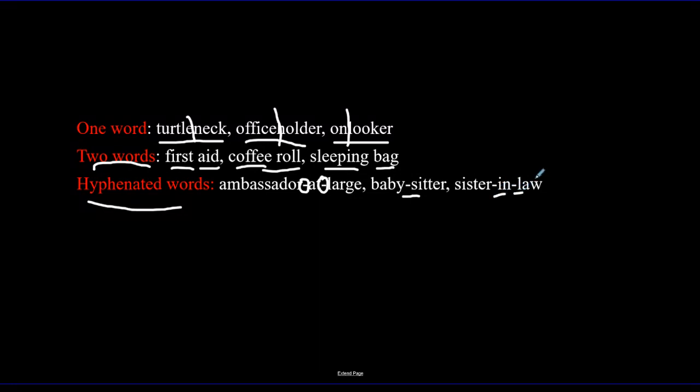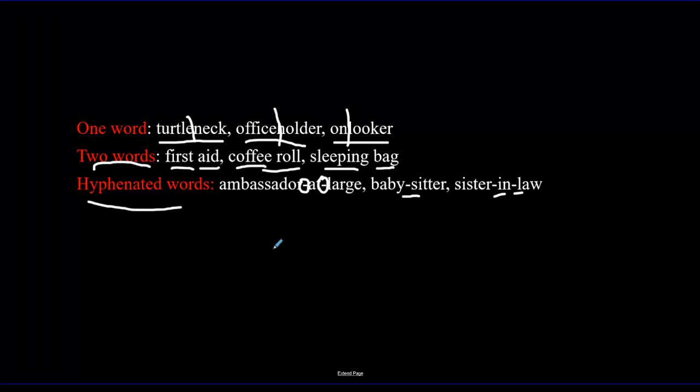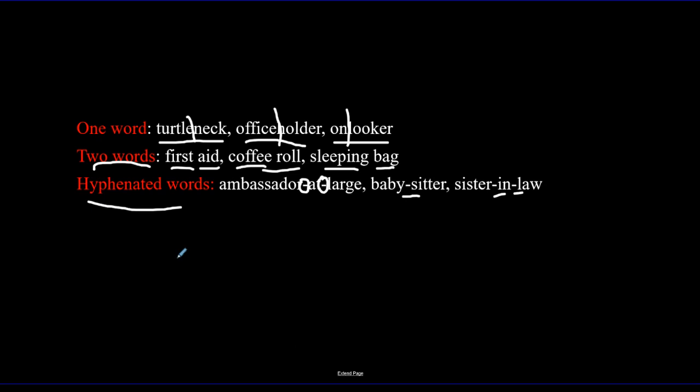Now, many would ask, how would I know whether we have hyphenated words or not? Usually, many words you're used to, you know them from when you read them. But many would need a dictionary to make sure whether we need a hyphen or a space between them.